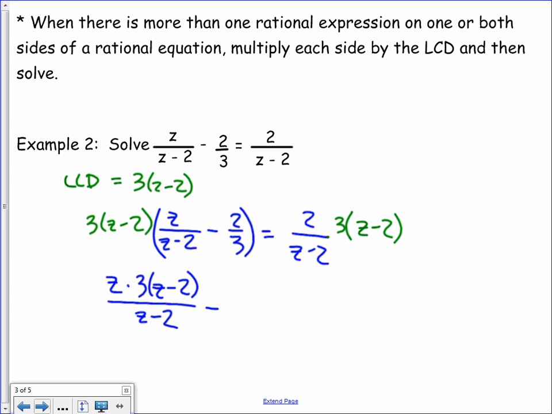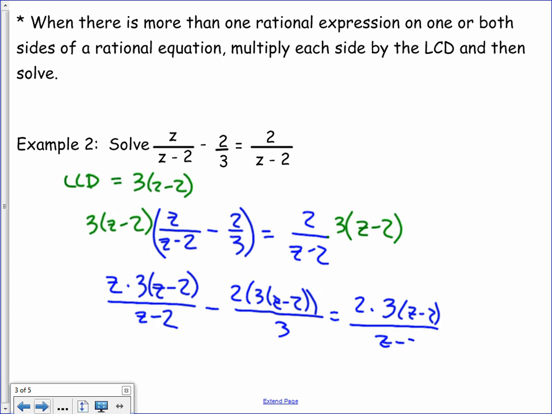Minus 2 times 3 times z minus 2 over 3 equals 2 times 3 times z minus 2 over z minus 2. Then we're going to divide out the common factors. So here we have a common factor, here we have a common factor, and here we have a common factor.